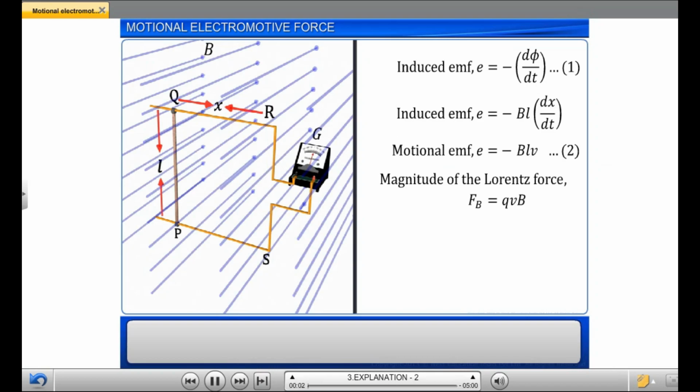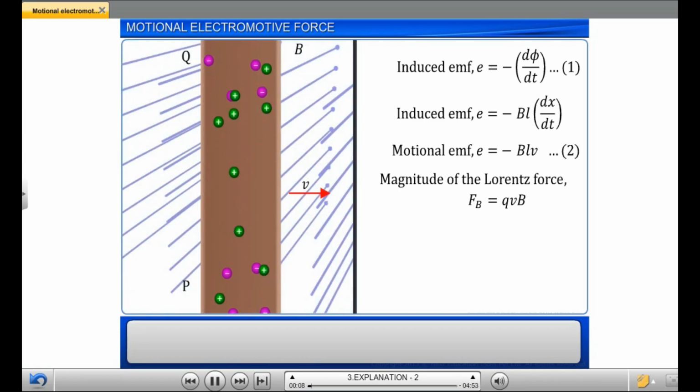As the conductor moves with a speed v, free electrons in the conductor also move with speed v in the magnetic field B, in addition to the random velocity they have within the metallic conductor PQ.